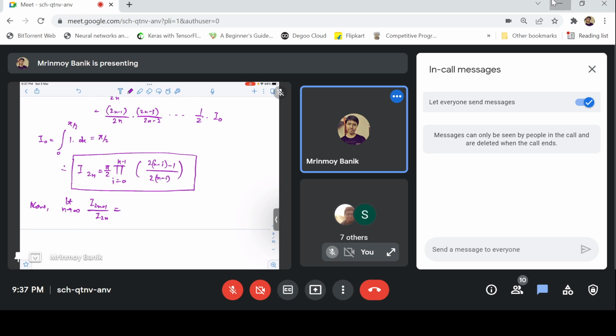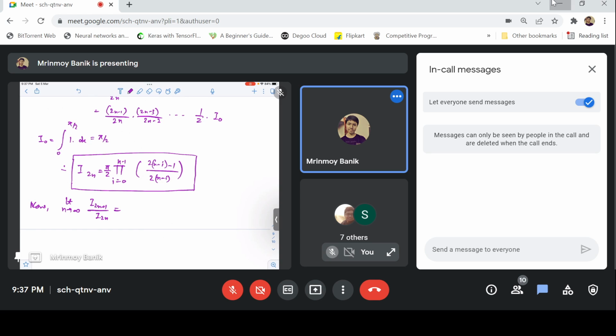So the thing is like 2n, then 2n minus 1, then 2n minus 2, then 2n minus 3, then 2n minus 4, then 2n minus 5, like this. These things get squared up, and the thing that is left over is 2 by pi times 2n plus 1.